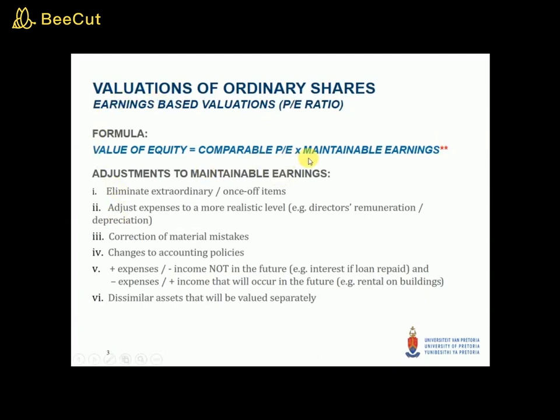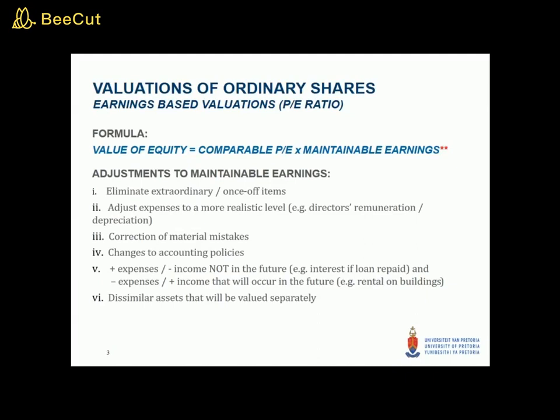So the steps that we followed when we went through this process, number one is we need to determine the maintainable earnings. In determining the maintainable earnings, we looked for a trend. If a trend existed and it was upward seeking, then we would take last year's figure and use that as a base.